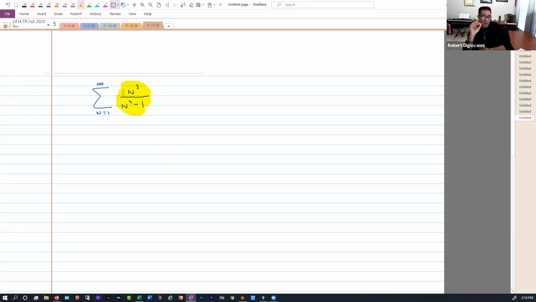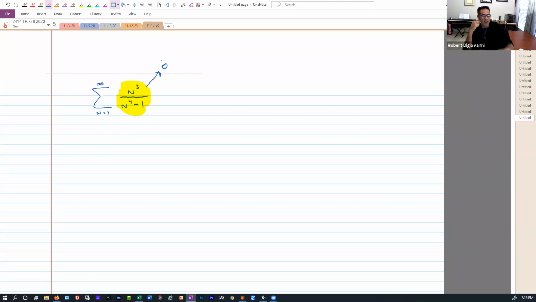Forget the sum. If I take the limit of that and let n go to infinity, I'm going to get infinity over infinity. And after I do L'Hopital's rule a few times, I will find out that that goes to 0. Okay, that goes to 0 if you do L'Hopital. Now, that does not mean that the series converges. In fact, this is going to diverge.